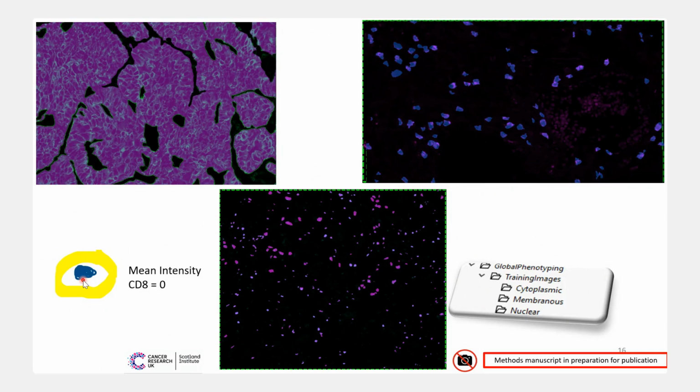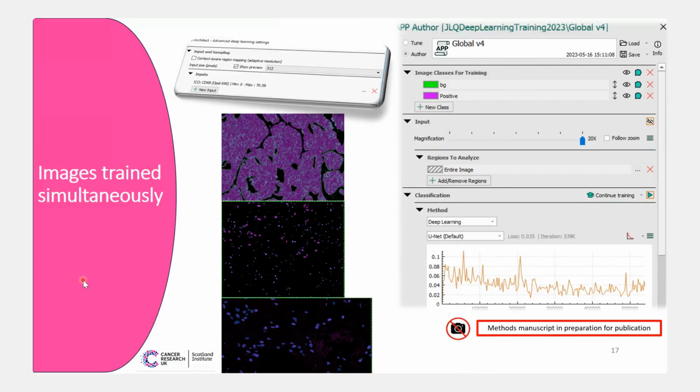So that was the rationale behind the training labels. And then all the images were trained simultaneously, and it doesn't really matter within the AI architecture what you put as your input, as long as it was index 1. This is because, like I said, all of the images that we're training on only have one channel anyway, so it's going to use all of the information.